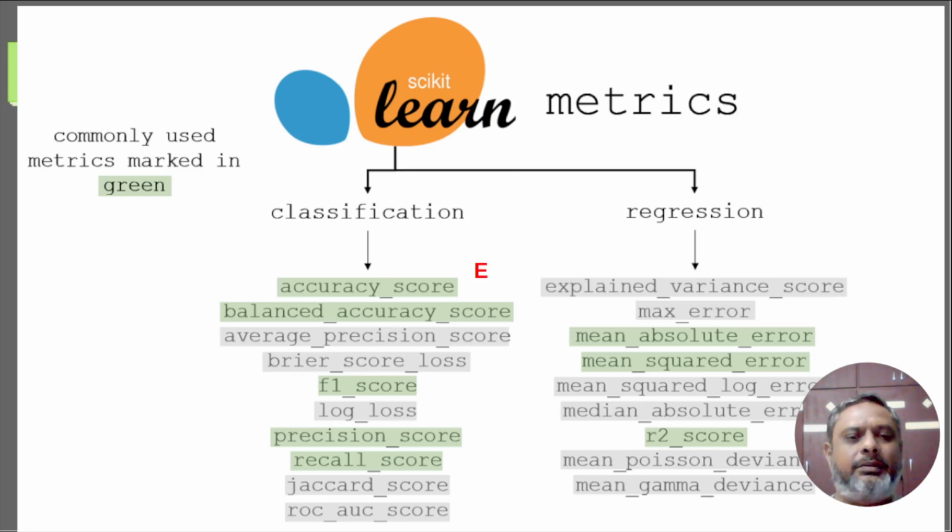For classification, the metrics commonly used are accuracy score, balanced accuracy score, F1 score, precision, recall, and many more are also defined. And under regression, commonly used are mean absolute error, mean squared error, R square score, and many other things.